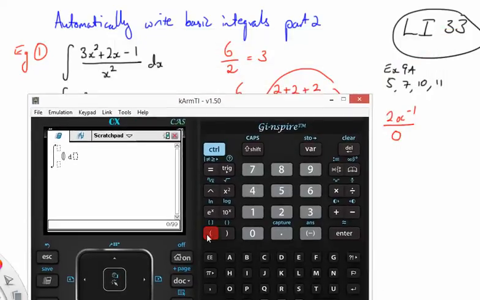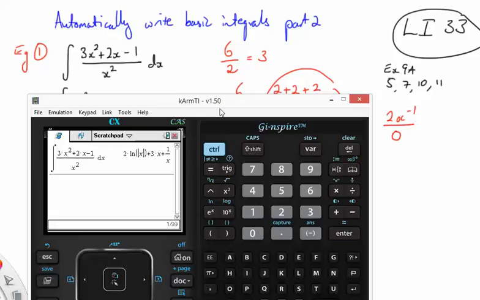But we do have 3 times x squared plus 2 times x minus 1, divided by x squared. We do have to put our variable in x.